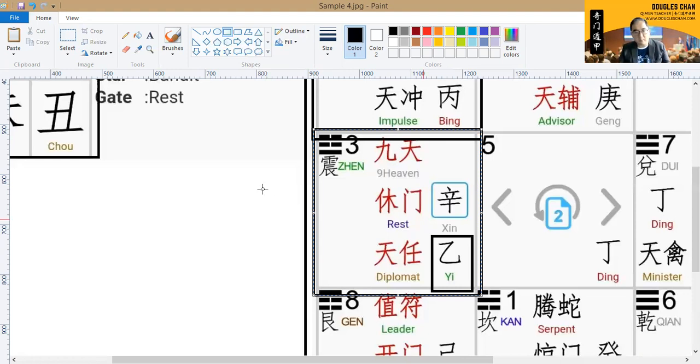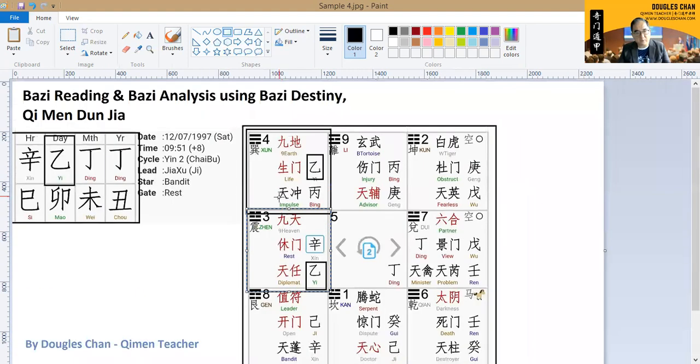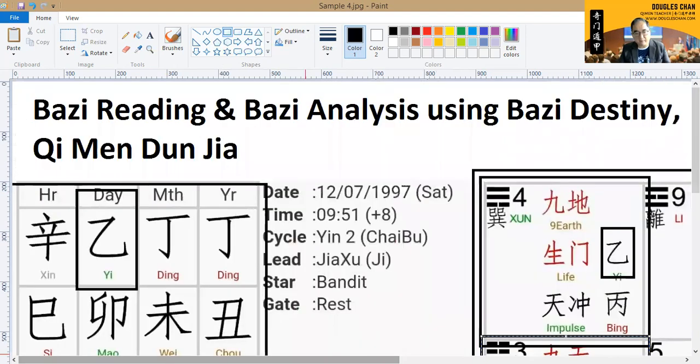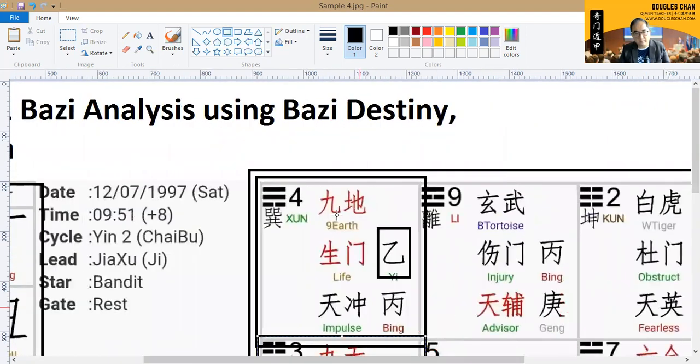Moving forward, what we need to do is focus on the characters after 35, which is over here. Okay. In this aspect we have Nine Earth. Nine Earth is somebody who is pretty honest, very diligent, and in fact, can be a bit stubborn.